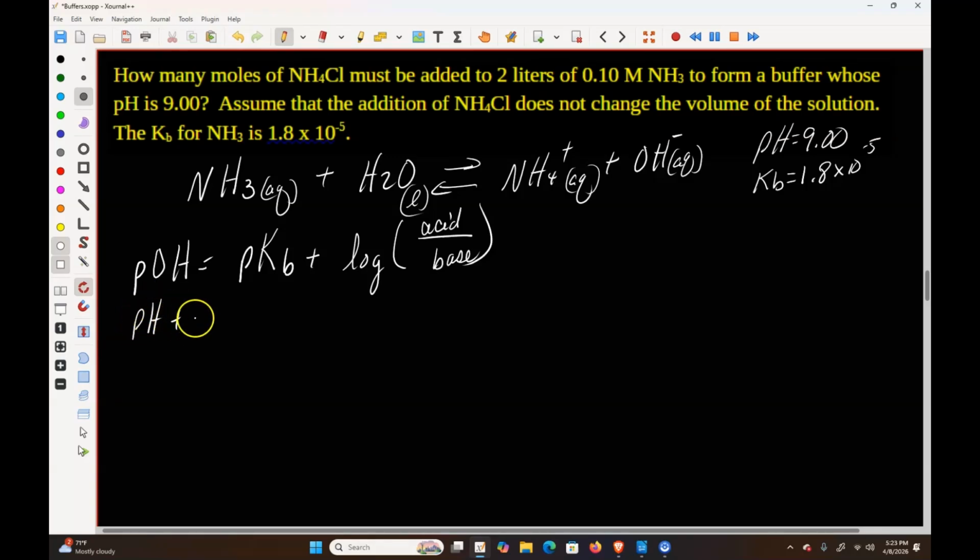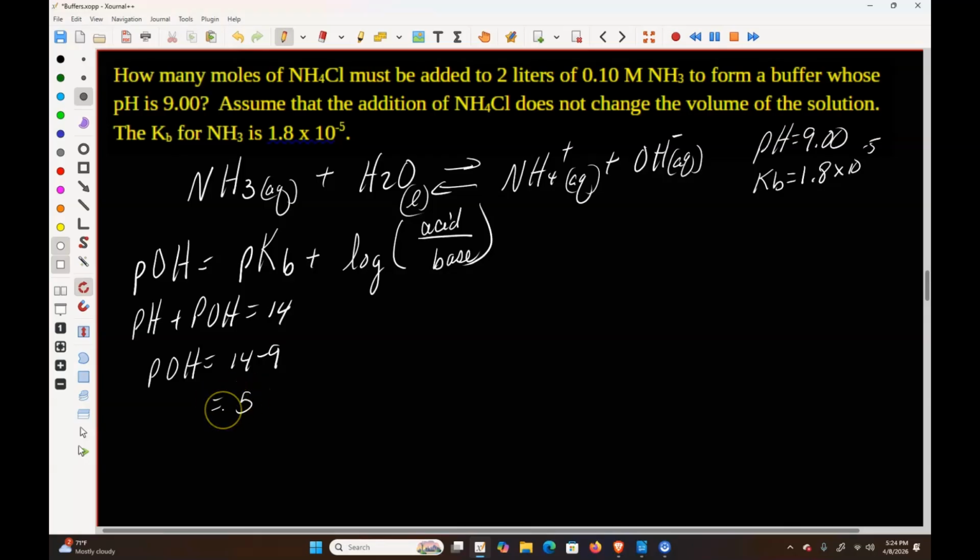pH plus pOH is equal to 14. So pOH is equal to 14 minus the pH, which is 9.